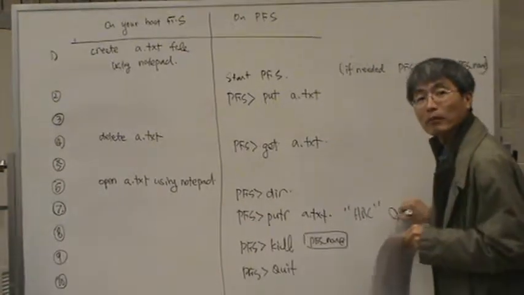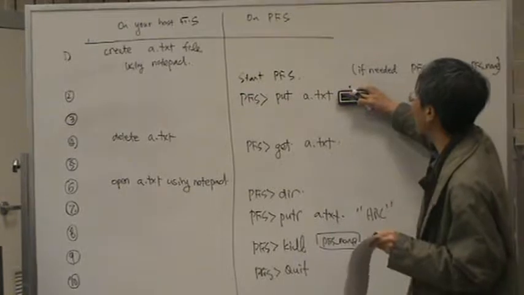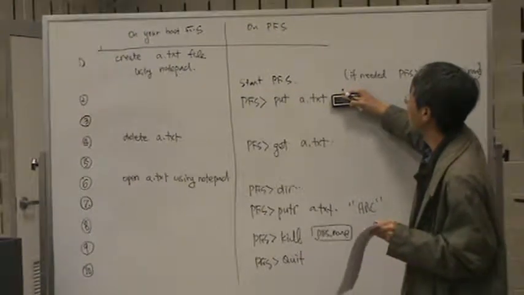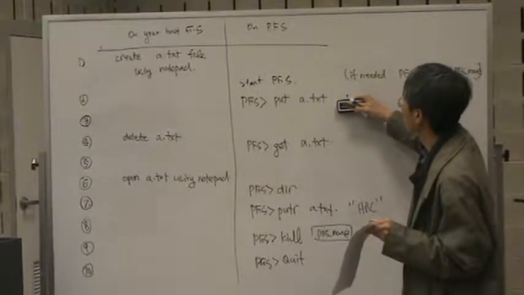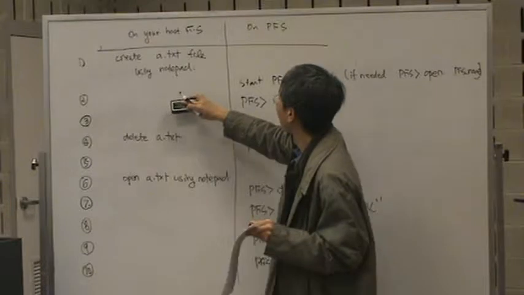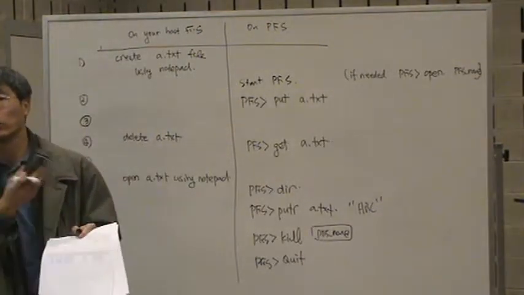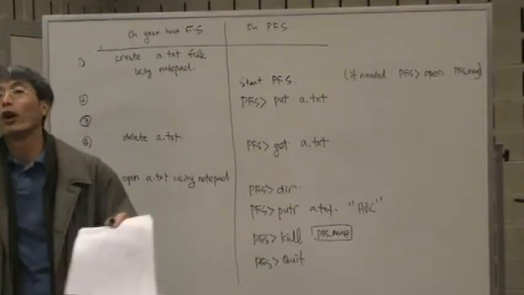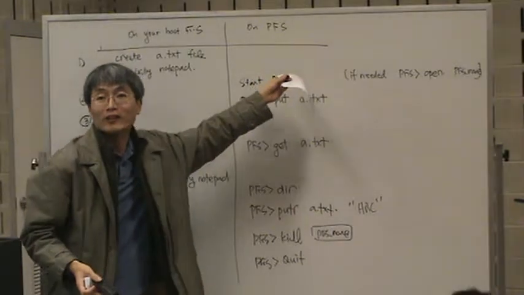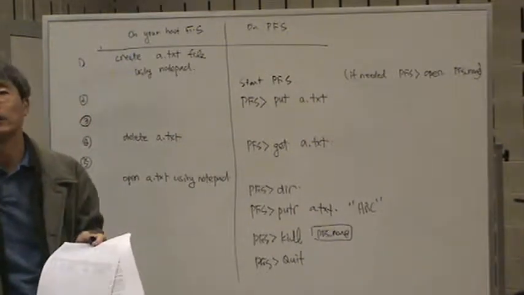After put, can I use a command like put command a.txt notepad for the extra credit? Yes, for extra credit. Just let the GA and me know this is extra work, to execute Notepad from your PFS. Right. Any other questions?